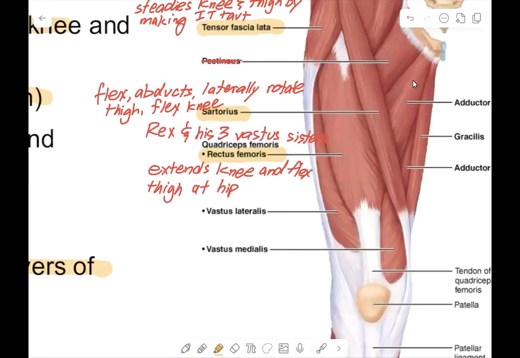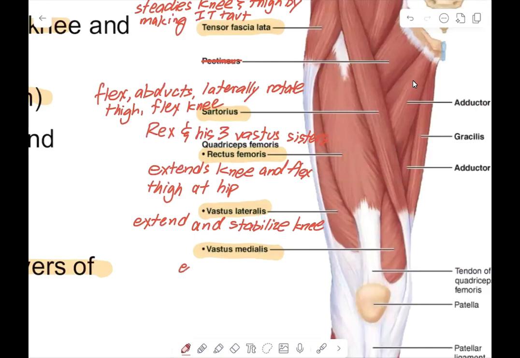The three vastus muscles, the three sisters that I mentioned, are ones that are going to extend and stabilize the knee. And because it's lateralis, it's located on the lateral side.